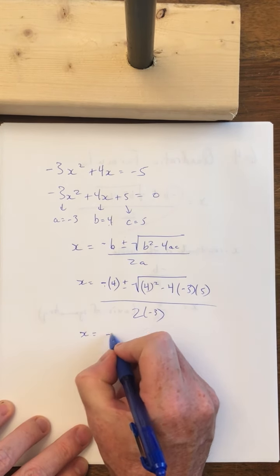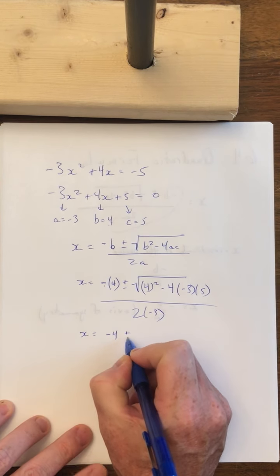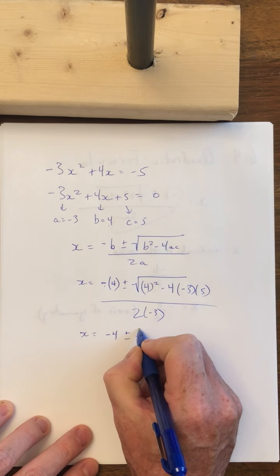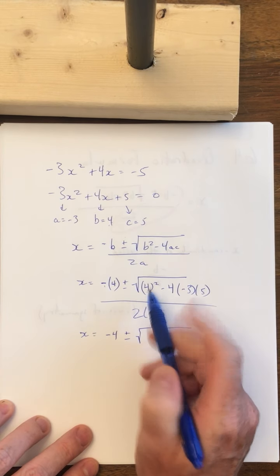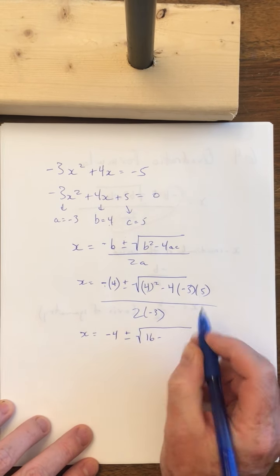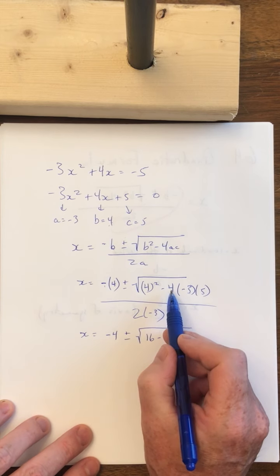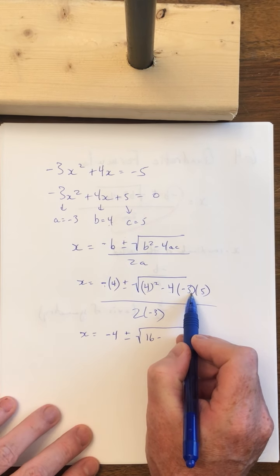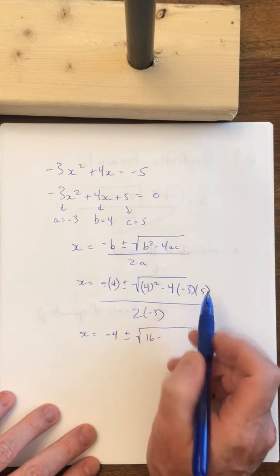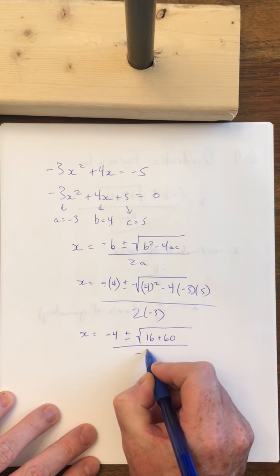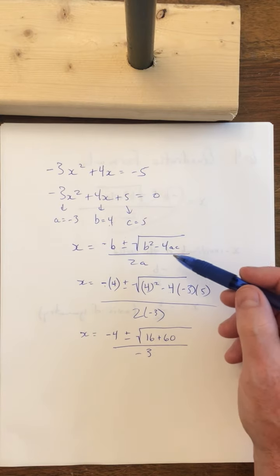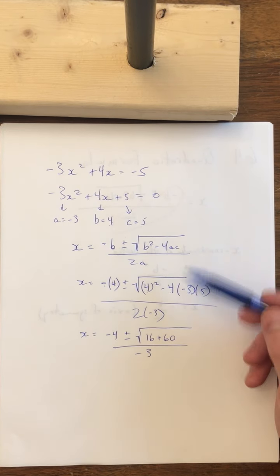Negative times 4 is negative 4 on the outside of this. And on the inside here, remember BEDMAS, so this would be 16 minus 4 times minus 3, which is positive 12, times 5 is positive 60, all over negative 3. I would imagine that you would do some of this a little bit quicker.